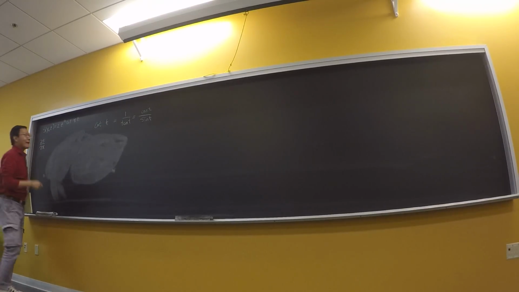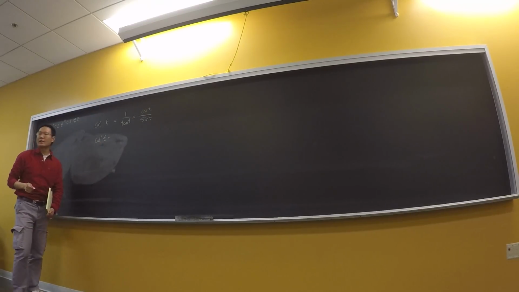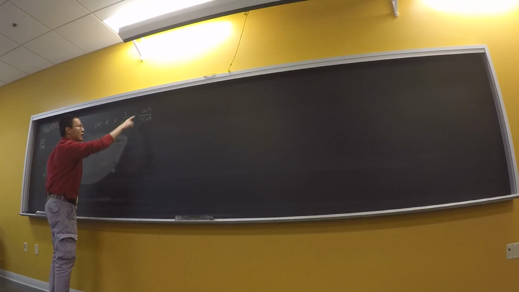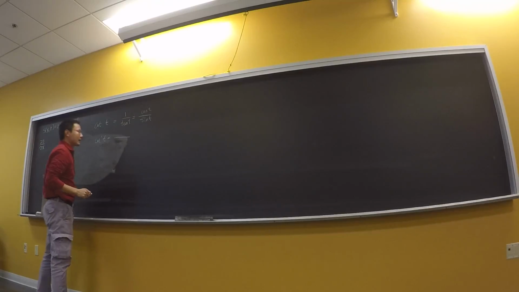And if I want to compute cotangent prime t, the derivative of the cotangent function, I can use the quotient rule for taking derivatives. So let's work out the cosine t derivative.